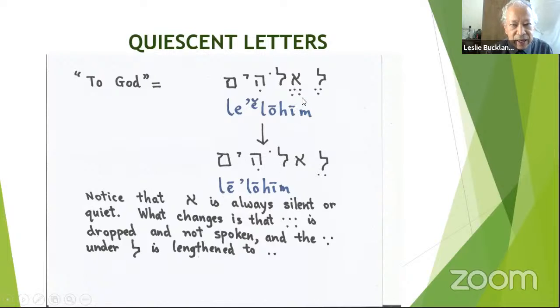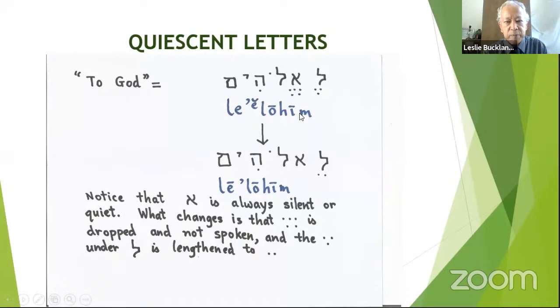So this is an illustration of what happens to a quiescent letter under certain conditions. This particular condition is when you put a preposition to the front or at the beginning of the word. It has the effect of causing the quiescent letter, which is the first letter in the word, to become quiet.